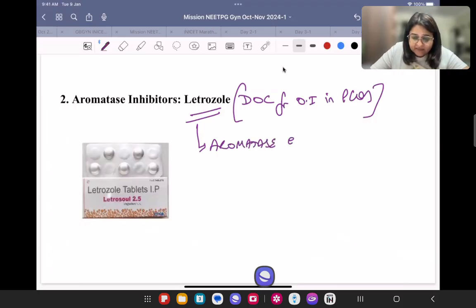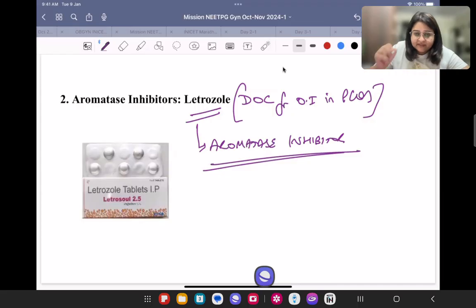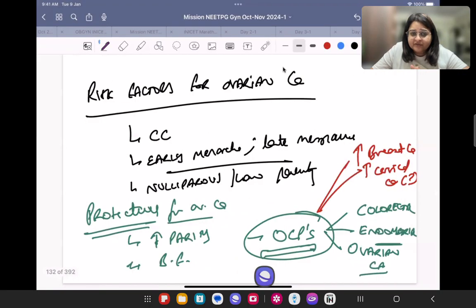Aromatase is the enzyme which produces estrogen, but this is a drug which inhibits the enzyme. So estrogen levels go down, same thing is going to happen. FSH is going to increase, so follicles will get recruited. But letrozole is not as strong as clomiphene.